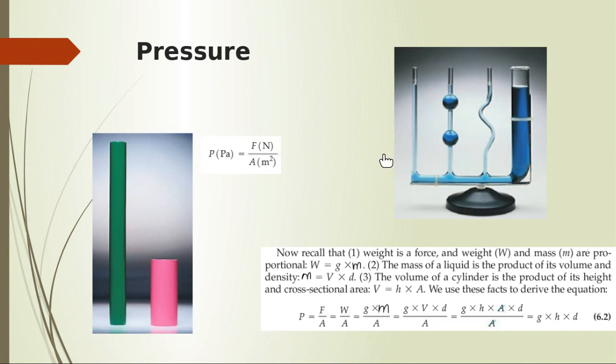Let's look at liquid pressure. For liquid pressure, the height and the density are very important. Yes, pressure is force divided by area, but the force is g multiplied by the mass.